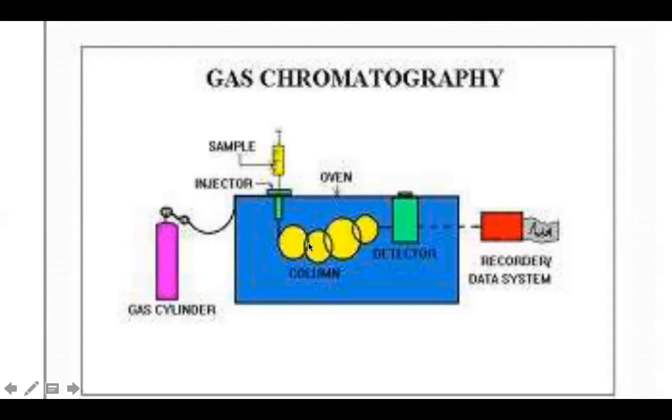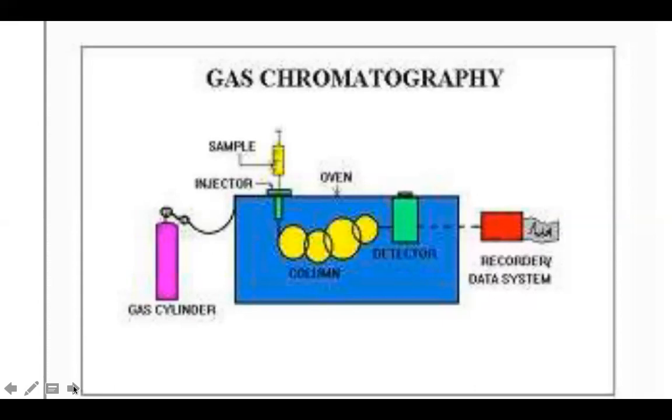Depending on the affinity of the compound to the stationary phase, the movement of the gaseous compounds is different, and when they come to the detector, it detects the compound and gives a peak, and you can find the peak this way.